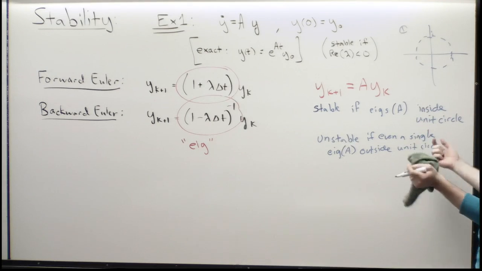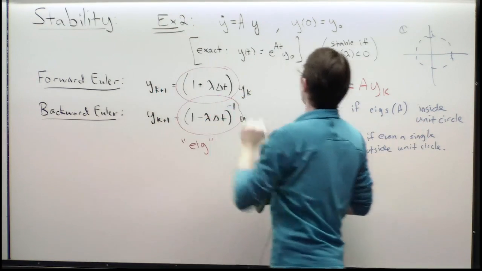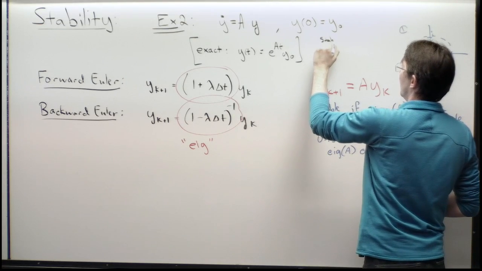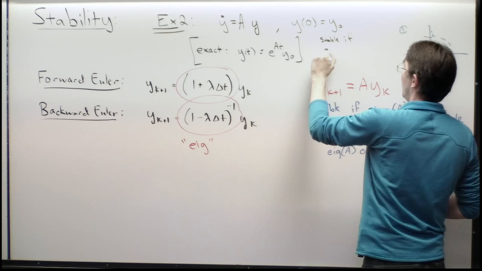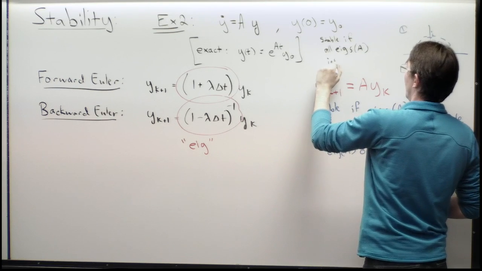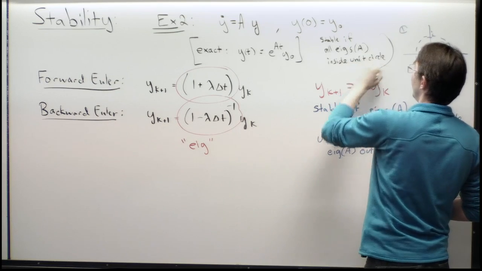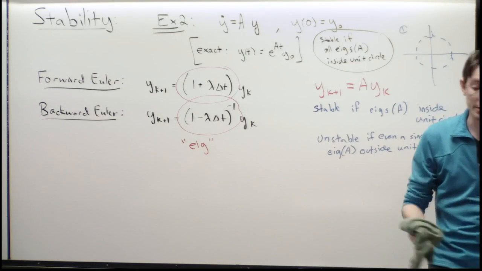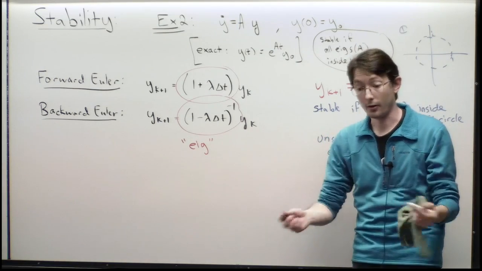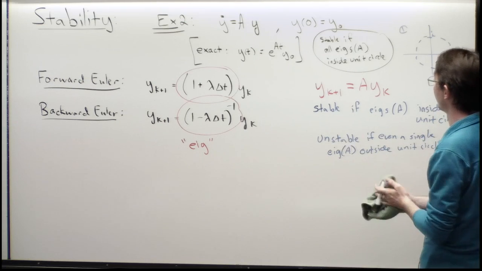Not much has changed. This is example 2. Now we're stable if all eigenvalues of A are inside the unit circle. This is a fact you'll learn when you take a course on ordinary differential equations coupled with a course on linear algebra. For now, you can take my word. This is very important, but outside of the scope for now.